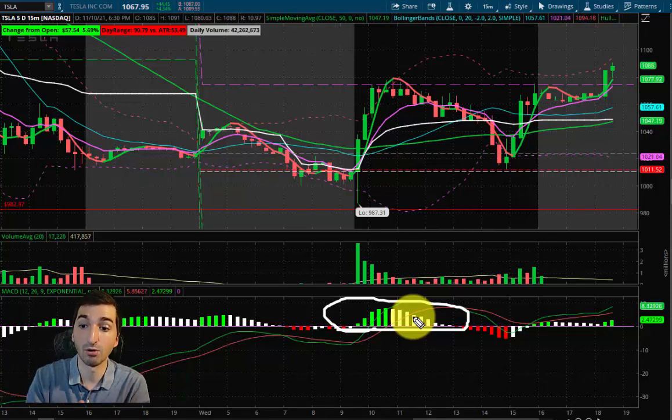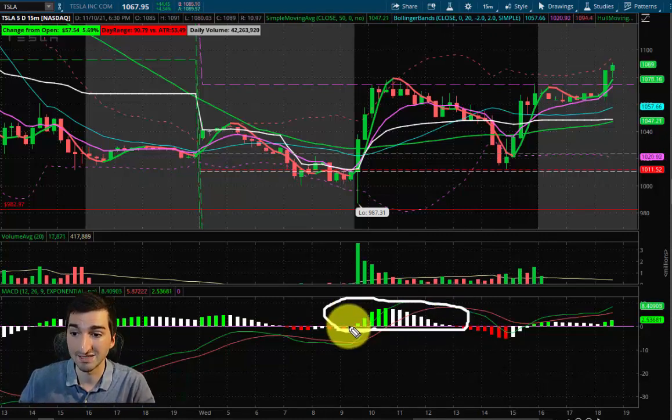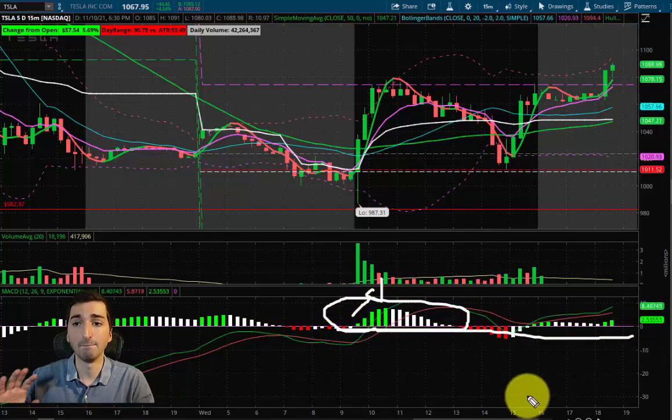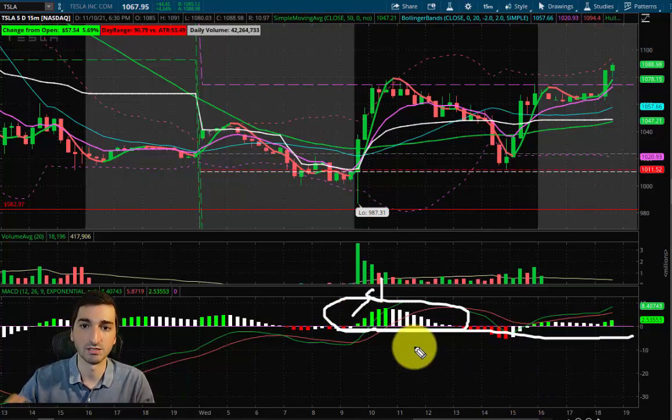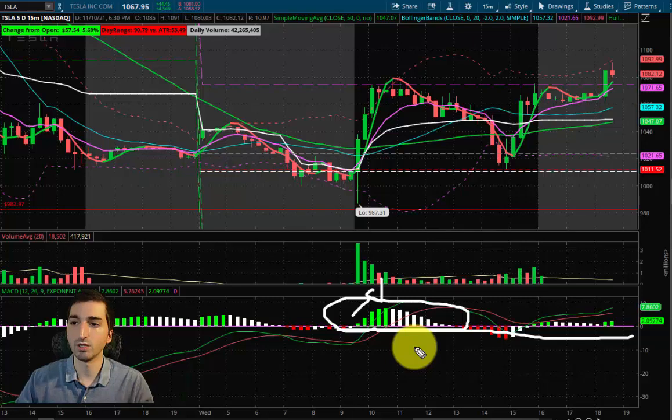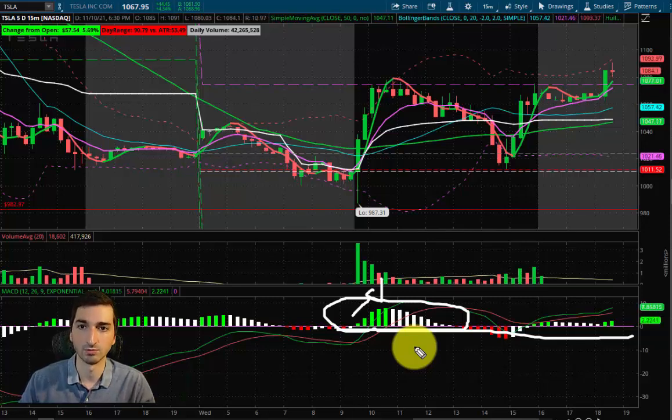When moving averages are pulling apart, so when the histogram is increasing, above the zero line, that means that we are seeing momentum pick up to the upside. When they are decreasing, momentum is decreasing, right? So this way you're only playing the higher momentum moves, which is ideal for a day trader, right?